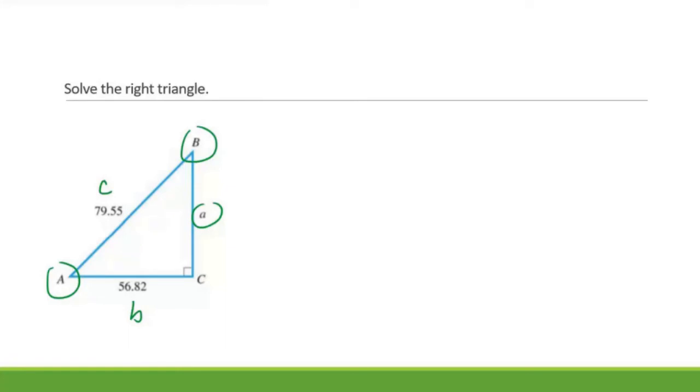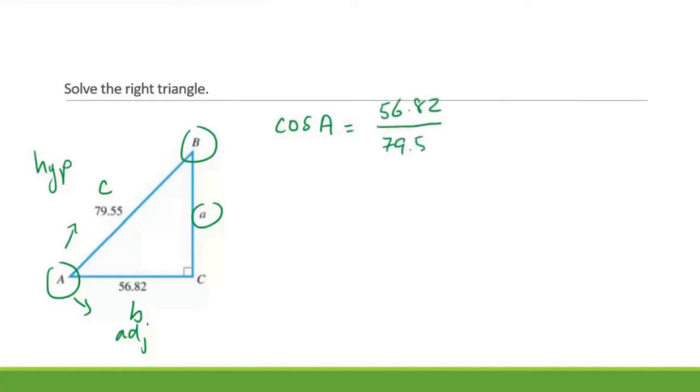I'm noticing that I do have two of the side lengths. For example, if I'm thinking about it in terms of angle A, from the perspective of angle A, side B is the adjacent side, and side C is the hypotenuse. So adjacent over hypotenuse, that would be our cosine. So the cosine of angle A is 56.82 over 79.55.